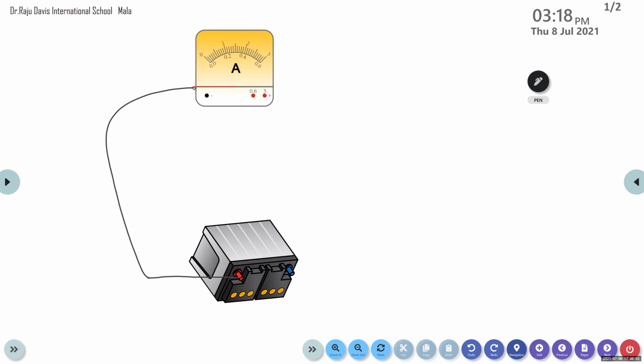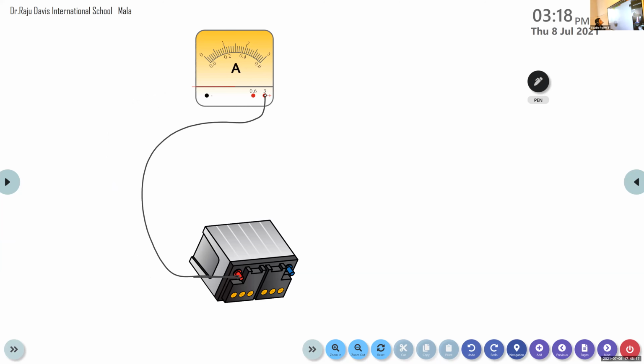The positive terminal of the battery is connected to the positive terminal of the ammeter. Yes, here the positive terminal of the battery goes to the positive terminal.